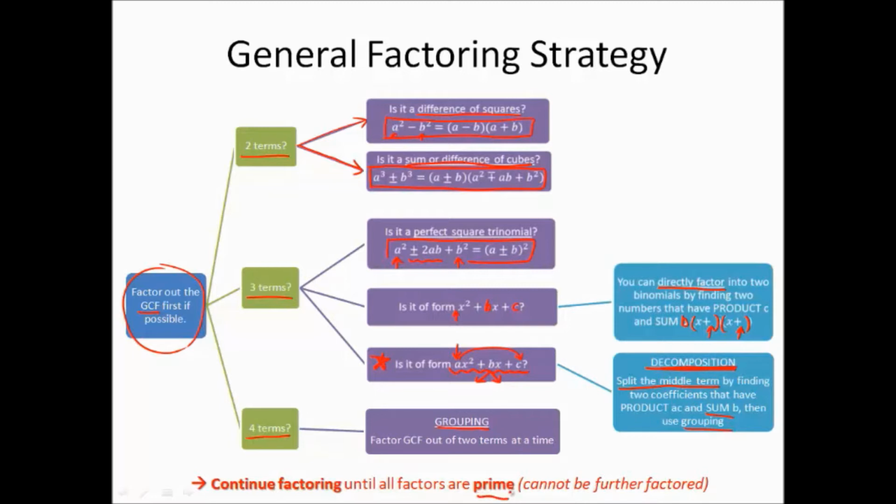However, if you do at least one of these things, then you have already factored, even if it's just taking out the greatest common factor. If you do one of these factoring strategies and one of your components can still be factored further, do continue factoring until all the factors cannot be further factored, which means all factors need to be prime.